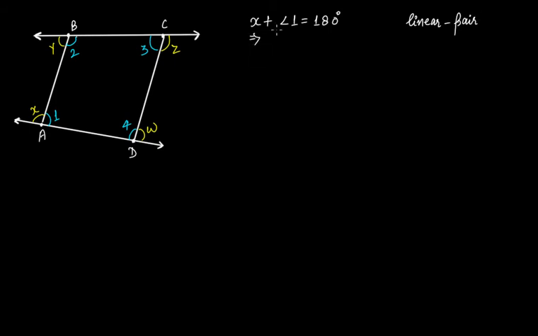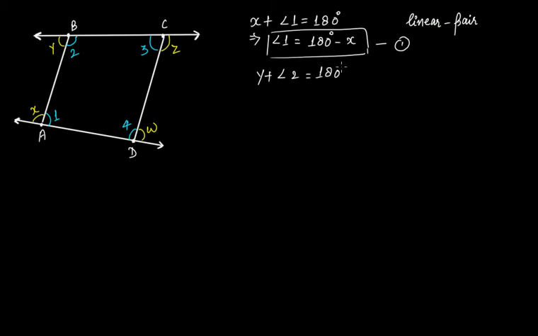Now from here you get angle 1 as 180 degrees minus x. From vertex B, y plus angle 2 is equal to 180 degrees, and from here you get angle 2 is equal to 180 degrees minus y.